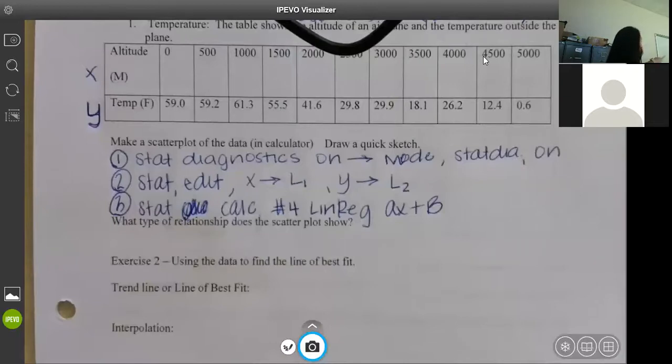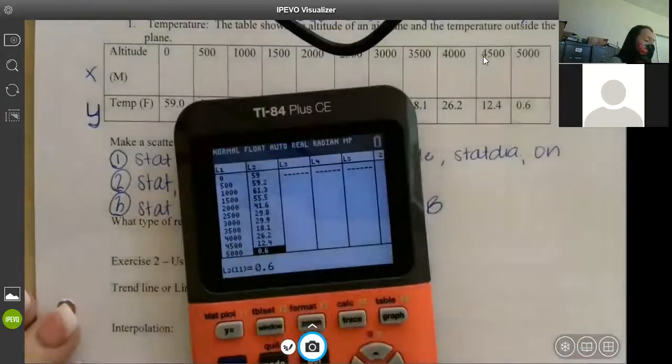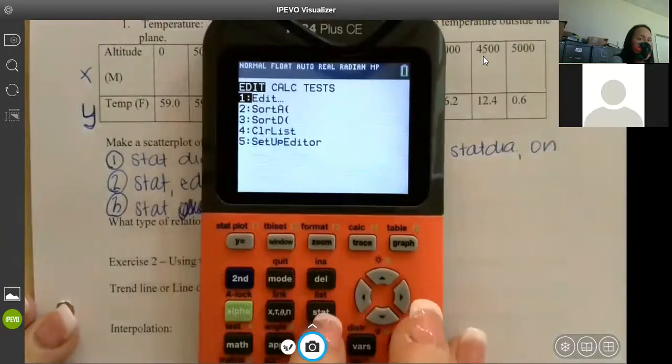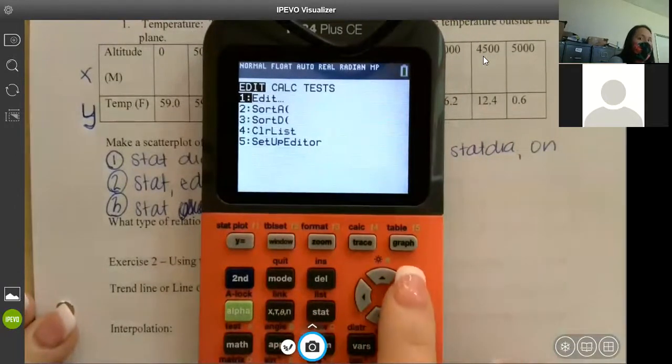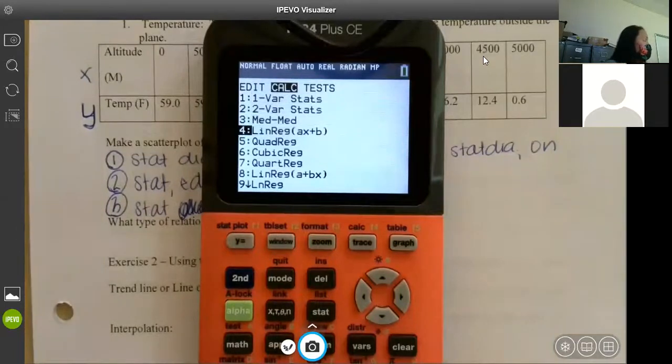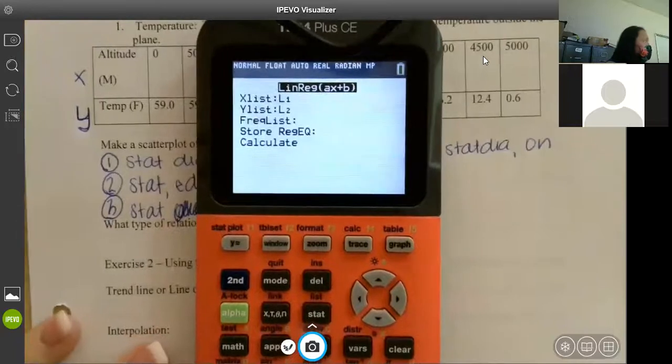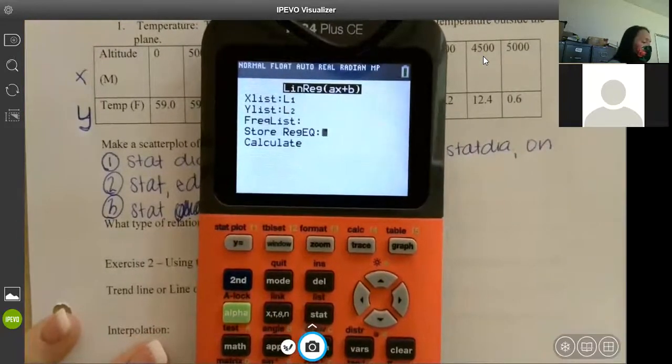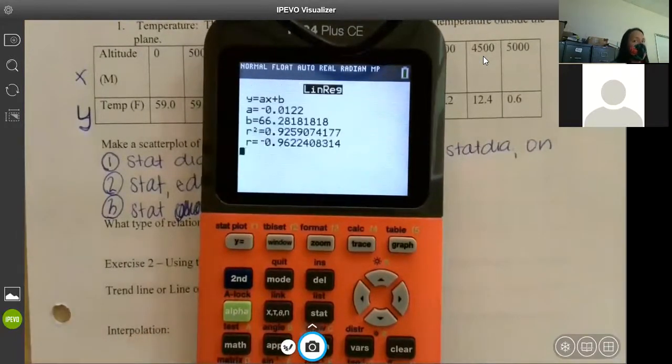You guys got all yours in? Everybody good? So we got all our values in. We're going to go back to stat. That's that same key we hit the first time. You're going to move over to calc and down to 4. When you hit enter, it's going to ask you a bunch of stuff. It's all programmed in just fine. You keep going down until it gives you a new screen.